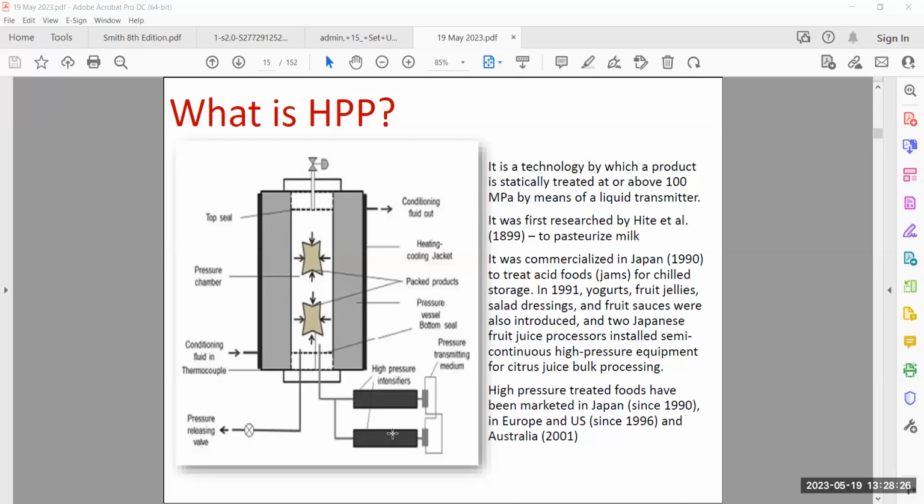And then it was commercialized in Japan in 1990 to treat acid foods such as jams and for chill storage. And in 1991, they processed yogurt, fruit jellies, salad dressing, and food sauces, also done by Japanese companies. And it was then marketed in Europe, the United States and Australia in 2001.